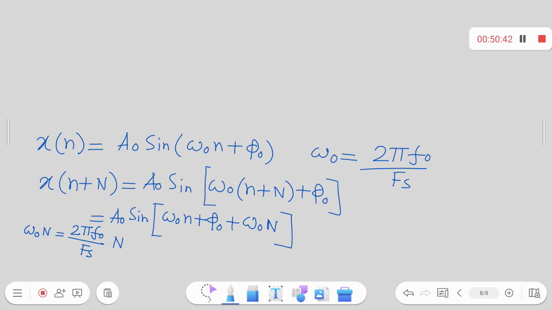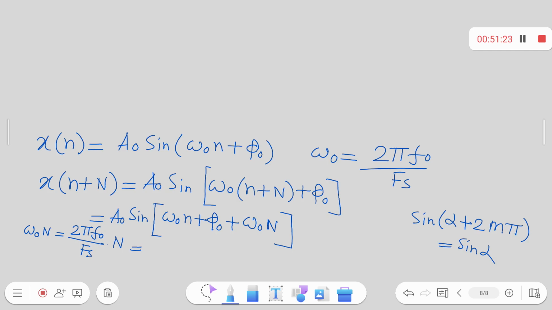Now, a sinusoidal signal is something which gets repeated after every 2 pi radian, right? So A sine alpha and A sine alpha plus 2 pi are the same. Forget about A: sine alpha plus 2m pi is equal to sine alpha. That is the case for any value of m, 0, 1, 2, 3, 4 like that.